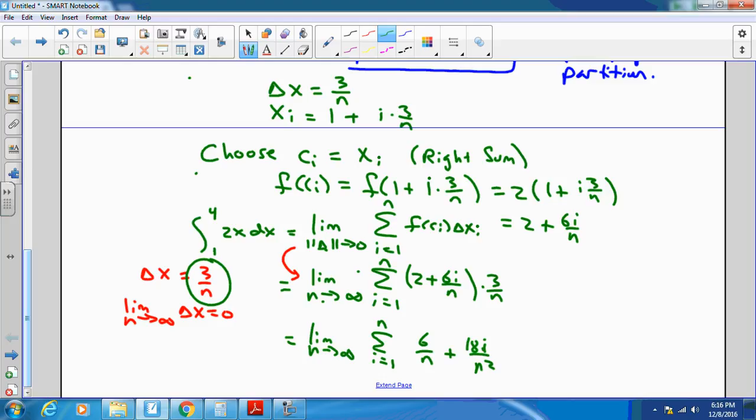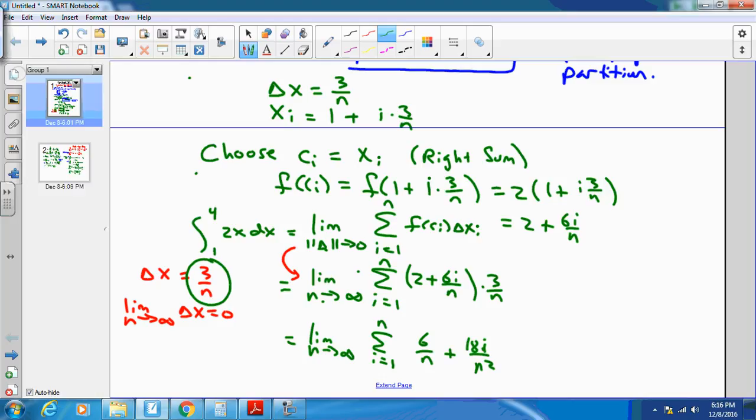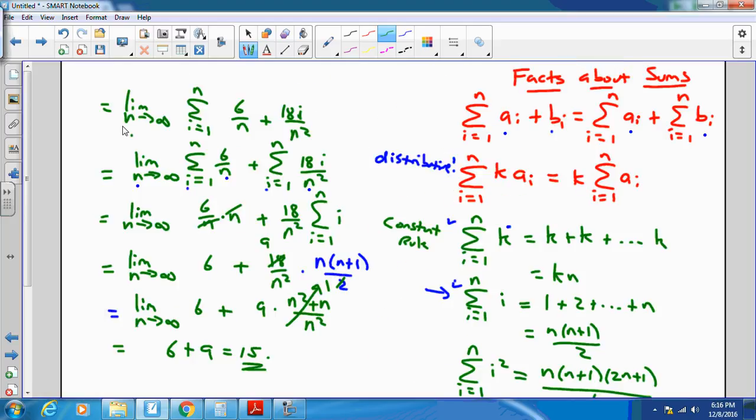That worked because our delta x was 3 over n, so that as n goes to infinity, delta x goes to 0. Having set up our sum with the limit as n goes to infinity, we evaluated that sum by employing the facts about sums and then taking the limit.